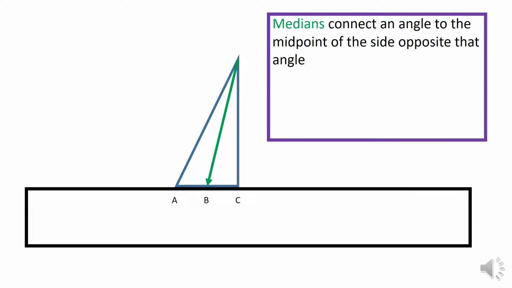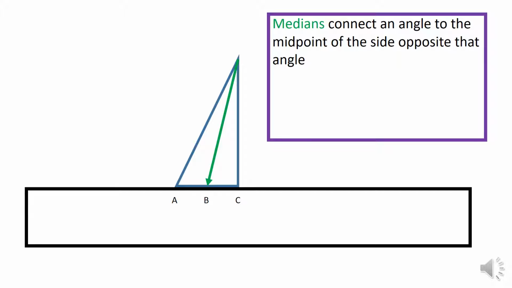So for this side, if we look at the median of the angle that's up in the air, the one that is not being laid on right here, the median from that angle is going to connect it to the midpoint of the side that is opposite that angle. So this green arrow is the median.